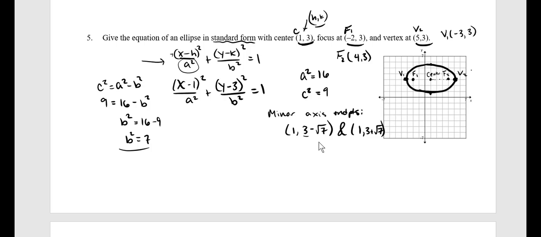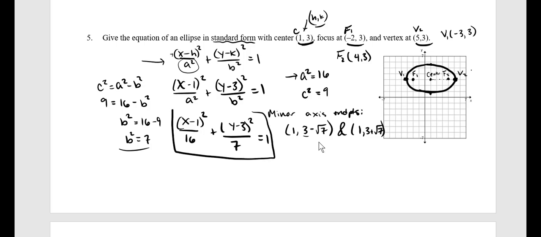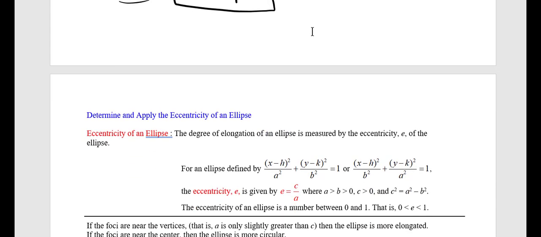And we know a and b. a is given by 4, so a squared is 16. b squared is given by 7, so we have (y - 3) squared over 7. And there we have our standard equation. It's not so bad. You just want to think about the picture so you can pick apart these coordinates, the a, b, and c values, very easily to fill out your equation. And remember, knowing the center makes things very easy right away.